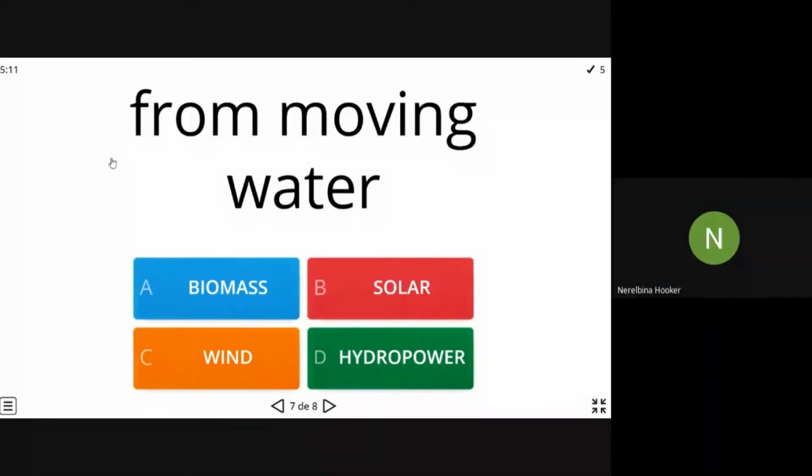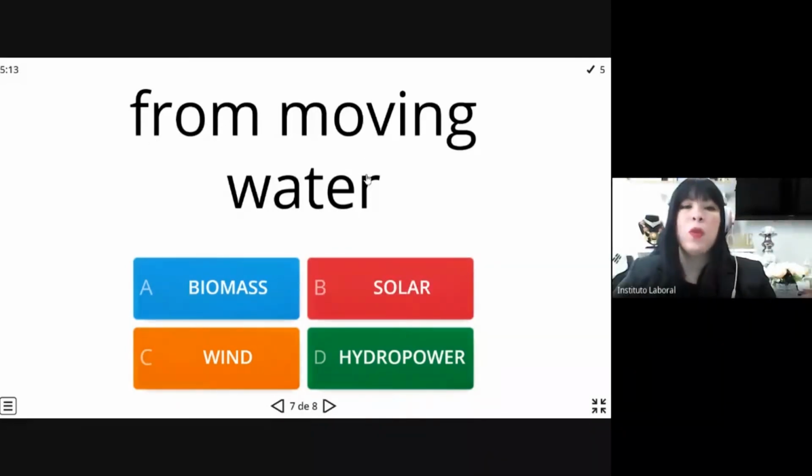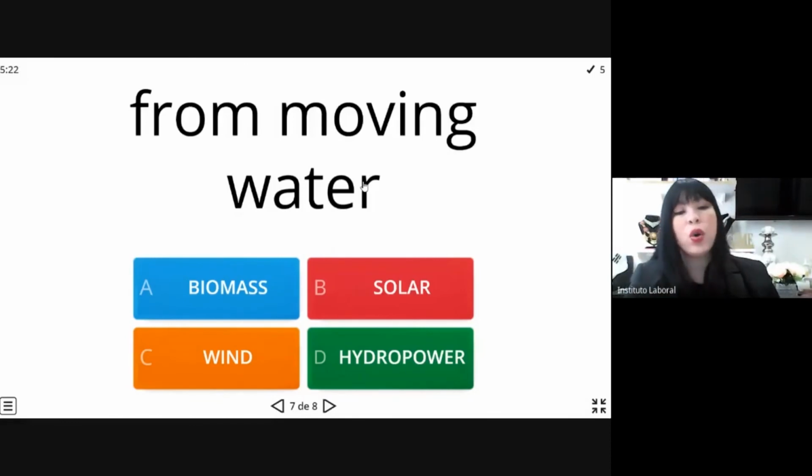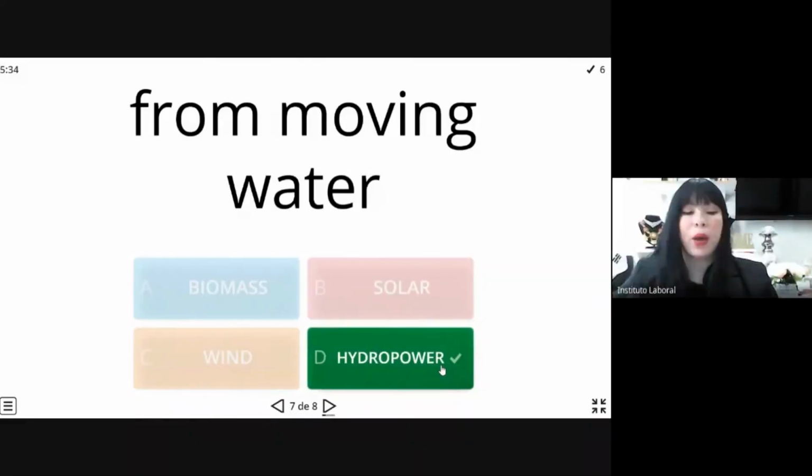This is an energy that comes from moving water. Biomass, solar, wind, or hydropower. The energy that comes from the water. How do you call it? D. The hydropower.